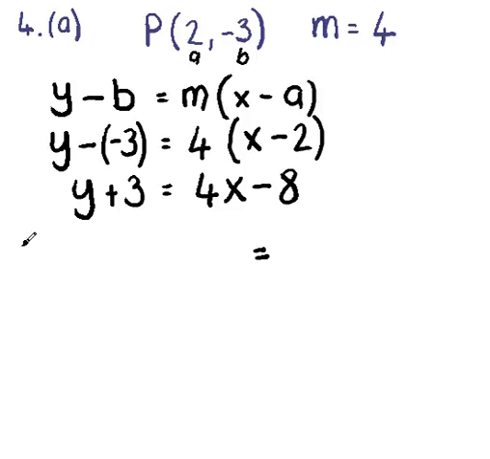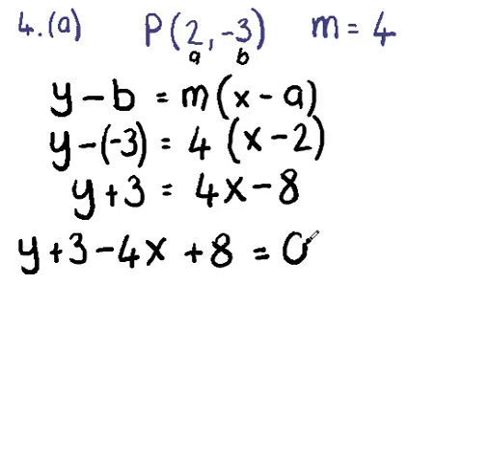We already have y on this side. We have plus 3, and I'm going to move 4x onto the left hand side, so it becomes minus 4x, and I'm going to move minus 8 onto this side, which gives us plus 8. And that leaves us with 0 on the right hand side.